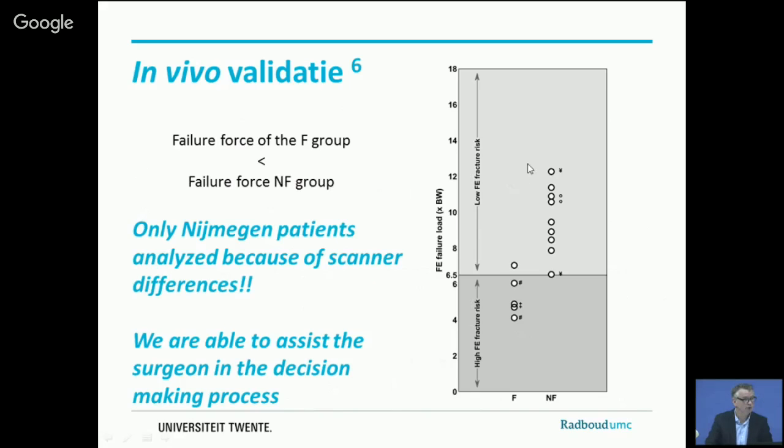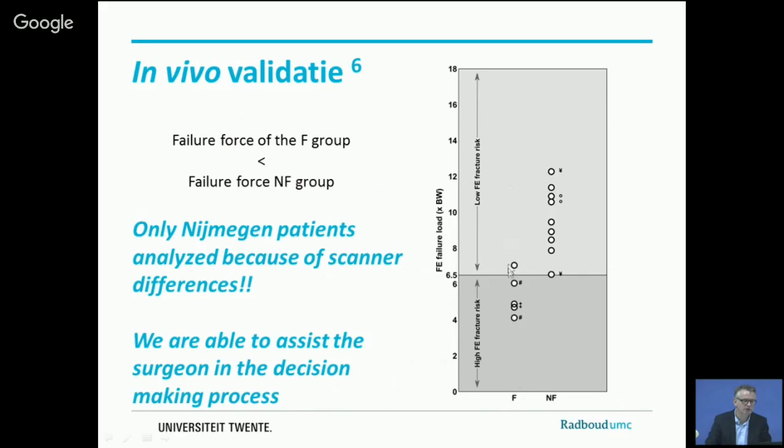Okay, so I show you only the Nijmegen patients, and you see here the failure load that we calculated, and this is 6.5 times body weight. That's the strength of the femur. We had 6 failures, or 5 failures.